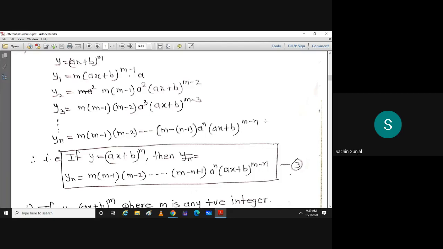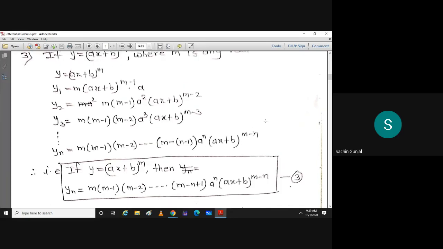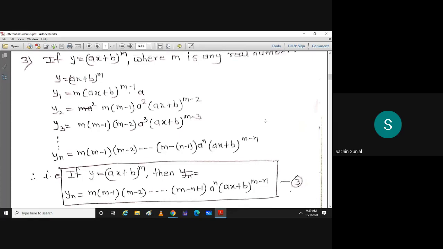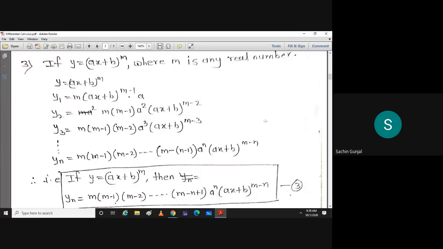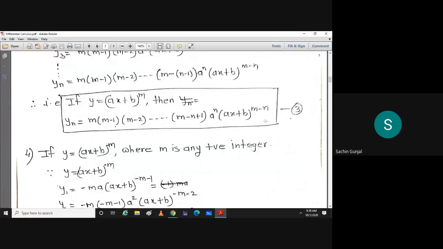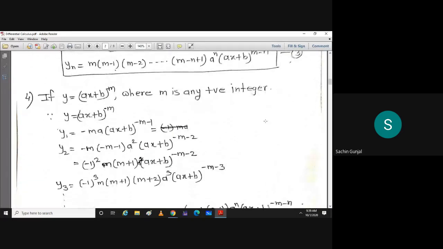Then I told you to make some cases on m that we'll look at today. So this fourth one is a subcase of the third.